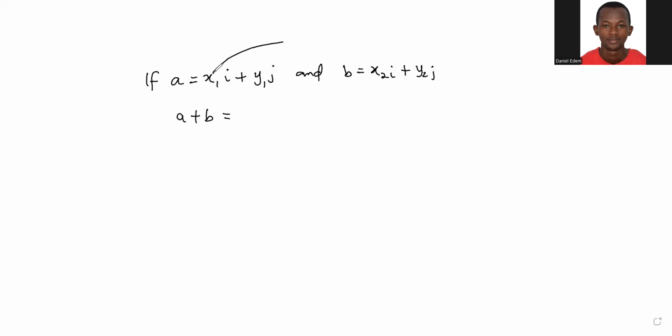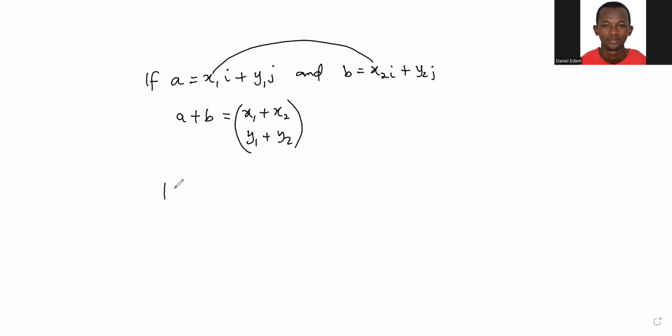So for that, if I have my A to be x1 i plus y1 j, and my B to be x2 i plus y2 j, this simply means that if I want to find my A plus B, the x will add up and the y will also add up.